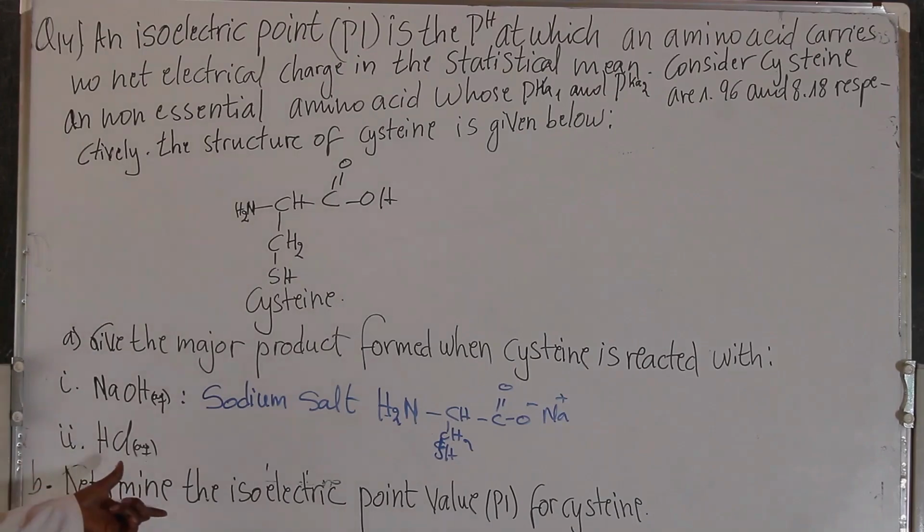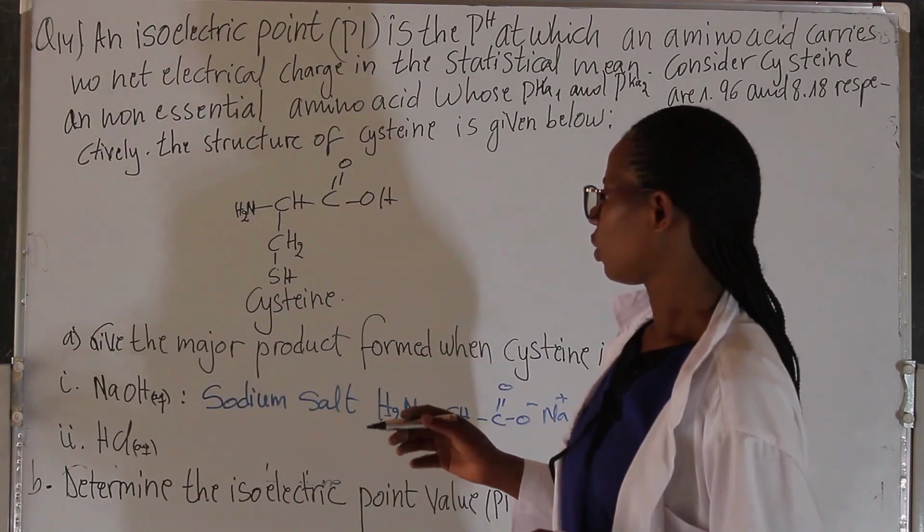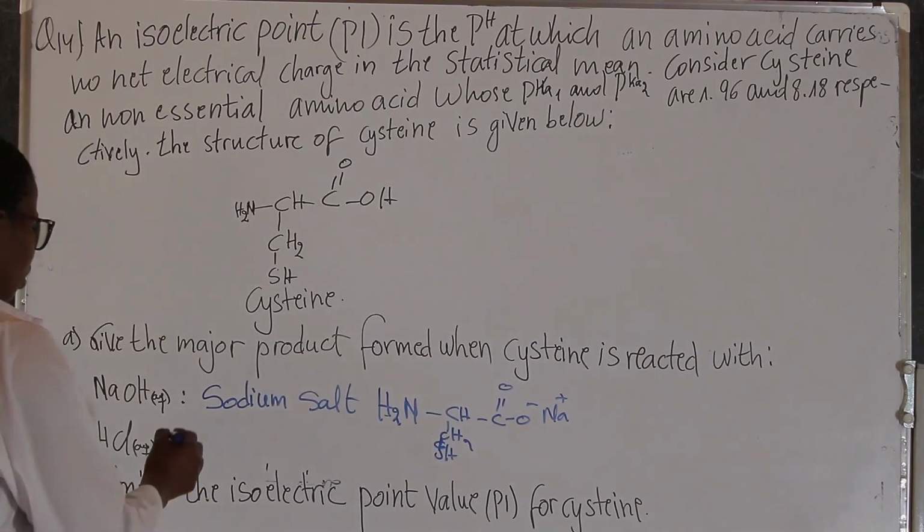For reaction with hydrochloric acid, a chloride salt will be produced.